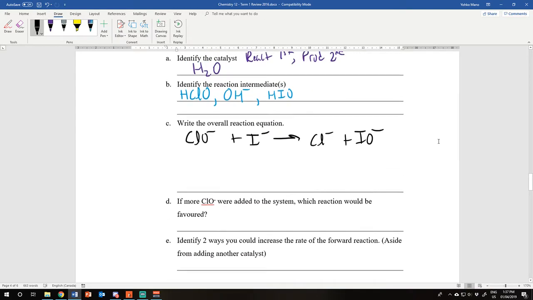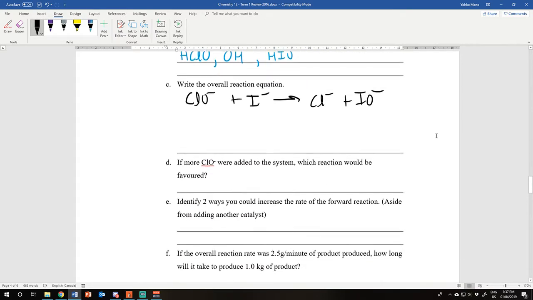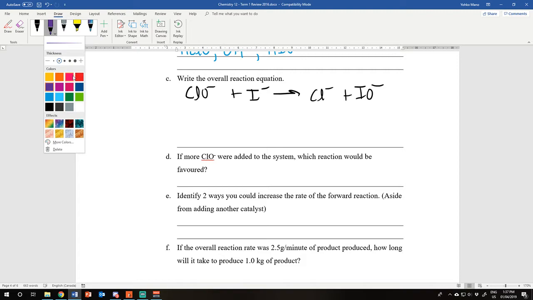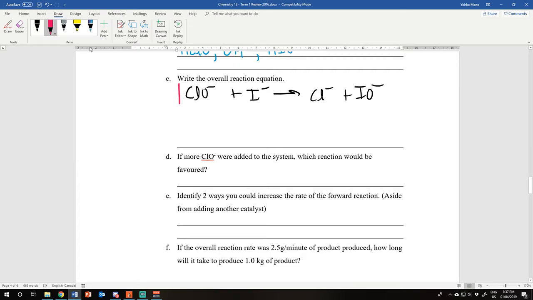Now the next part is what happens to the equilibrium. So if I add more ClO minus, so let's change this, if this goes up, which way will the reaction go? Based on Le Chatelier's principle, if I increase this, the system will want to decrease it, so the system will want to go forward.